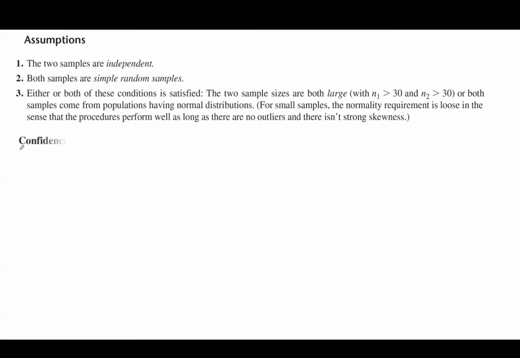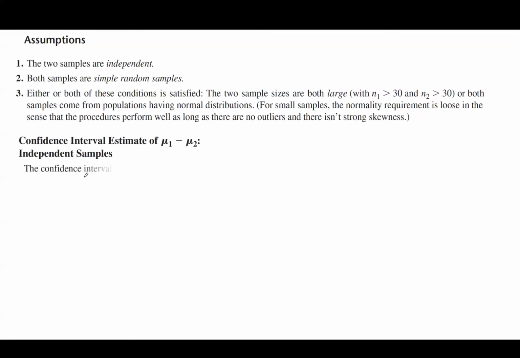Now, in constructing the confidence interval estimating the difference in population means, in the very first case, we're going to consider independent samples, and we don't have any information about the population standard deviation.